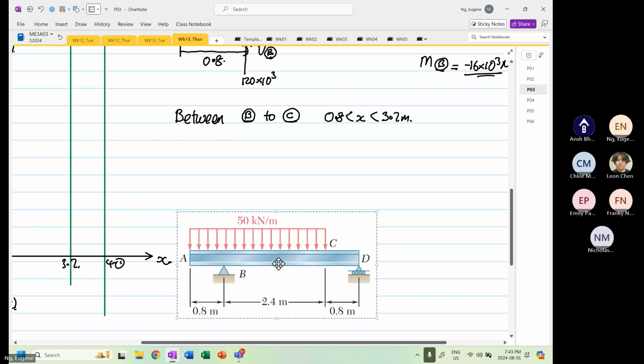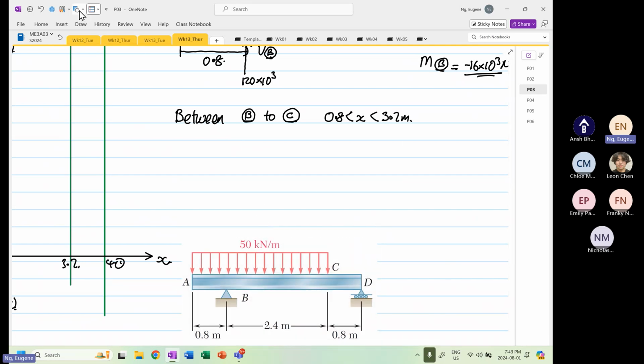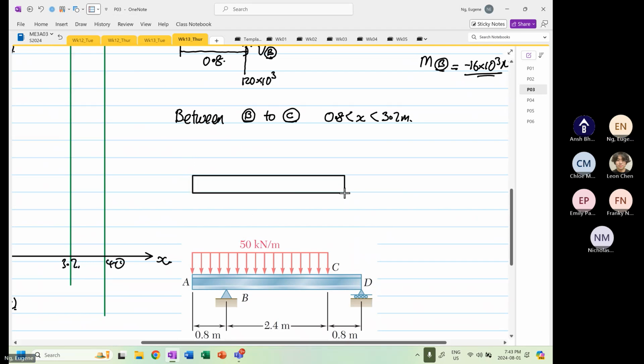I'm going to sketch the diagram. We have a force down here equal to 120 times 10 to the power 3, and over here we still have 50 times 10 to the power 3 x, with x over 2 from here to here. We know the distance from here to here is 0.8.